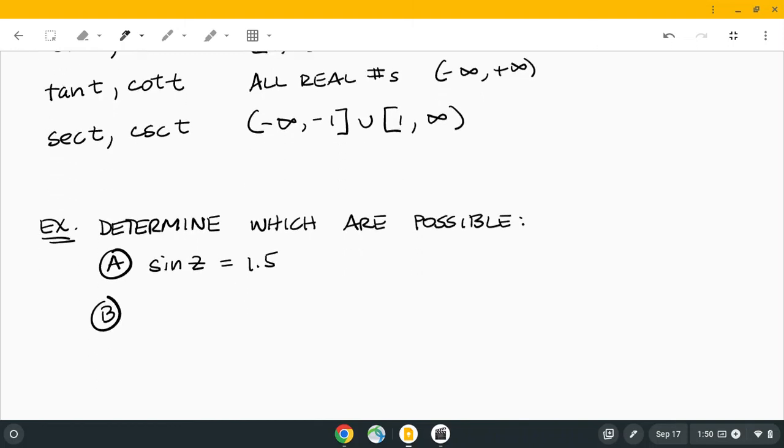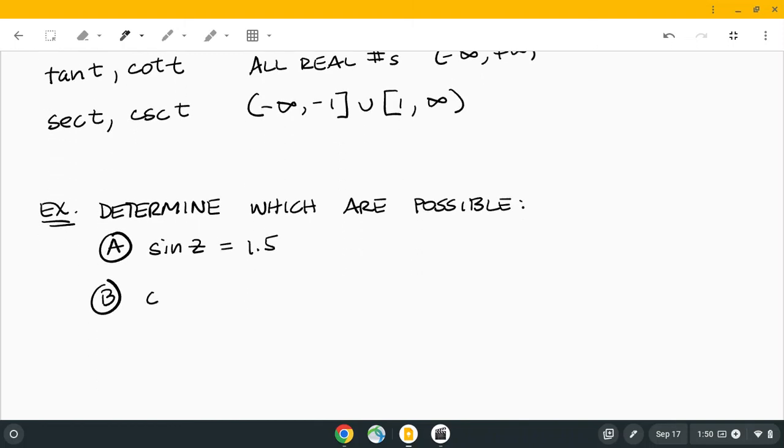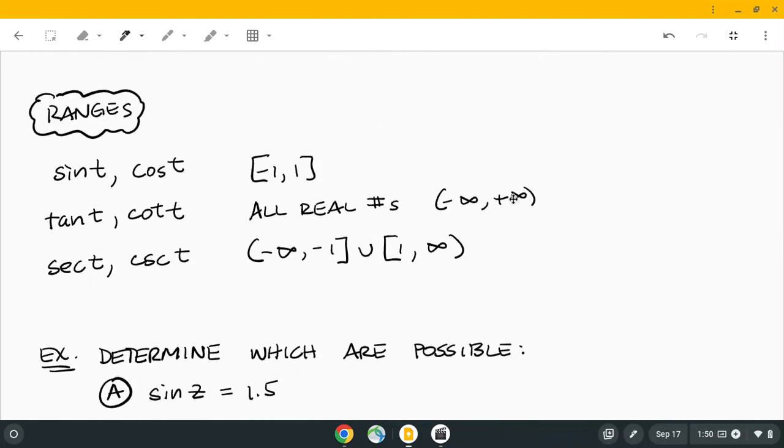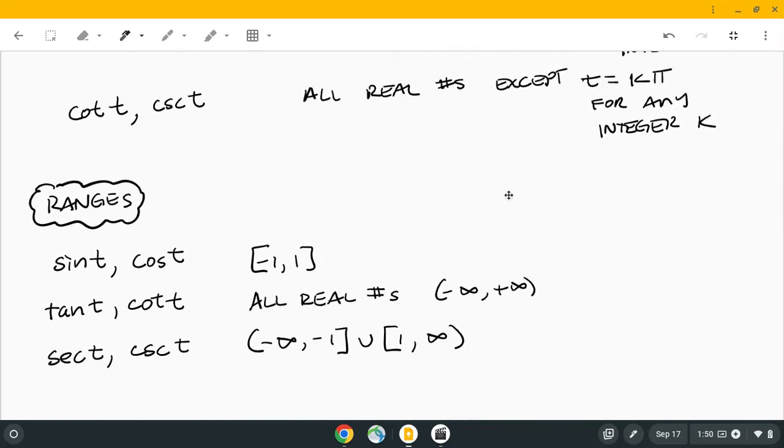And cosecant of z equals -345. And then here, tangent of 3 pi over 2 equals z.